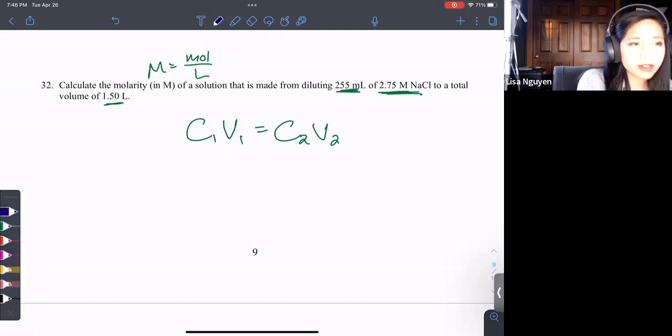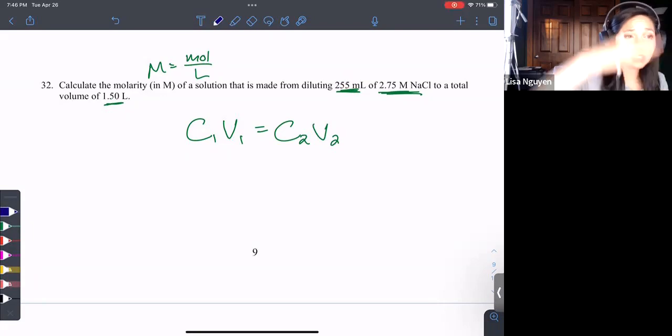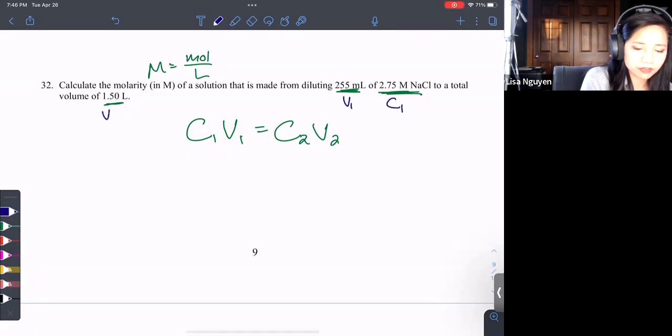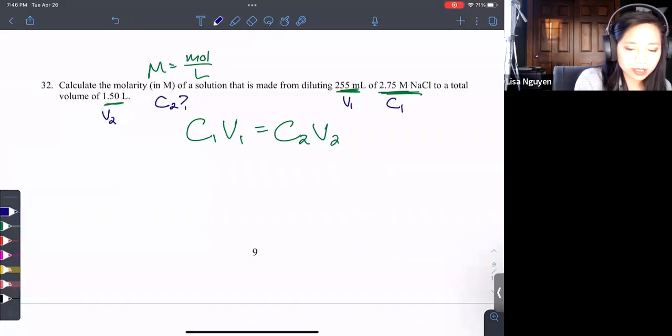So 255, that's how much we're starting with because we're diluting to a bigger volume. So this is V1, this is C1, and 1.5 liters is V2. So we're calculating for C2. When I plug this in, just make sure that your volume units match.